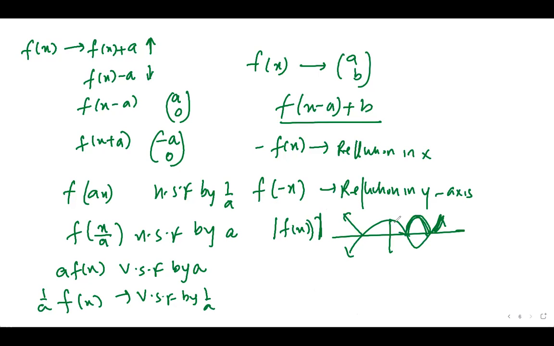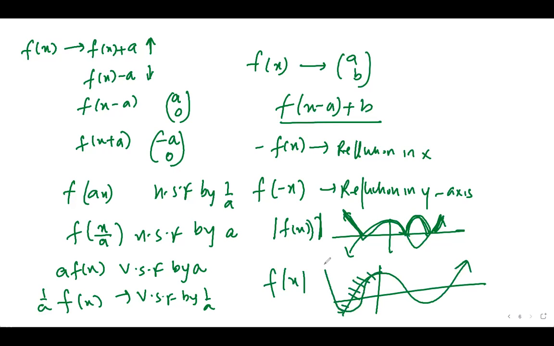While if you're talking about f of absolute value x, if you have a function, let's say something like here, you cut down this part of the graph and reflect the remaining part across the y-axis. This is called f of absolute value x.